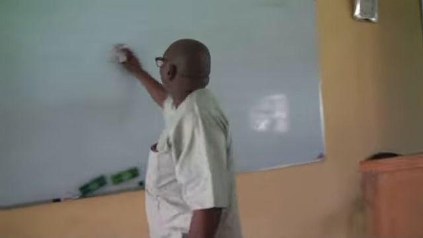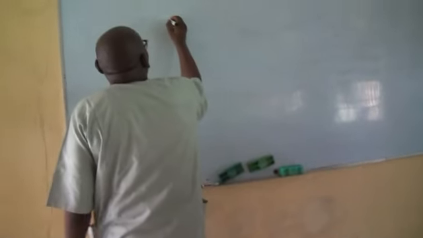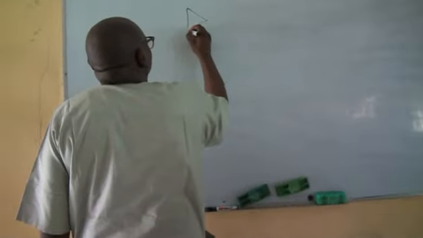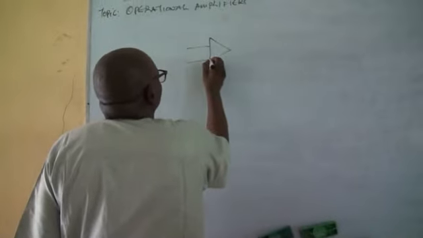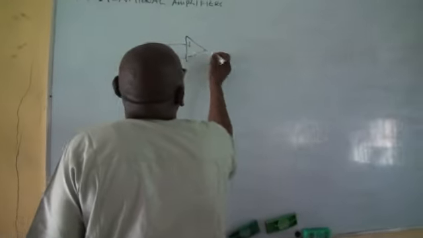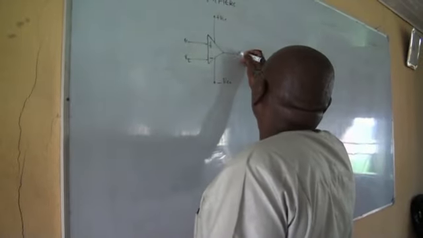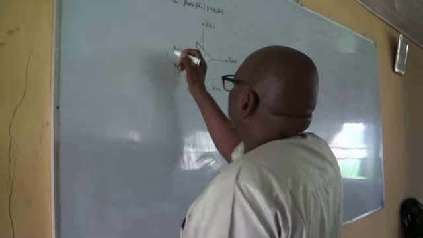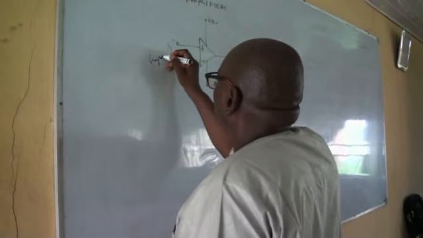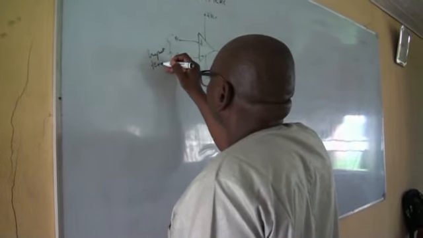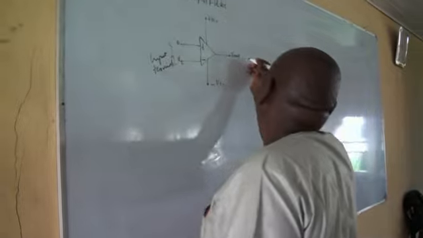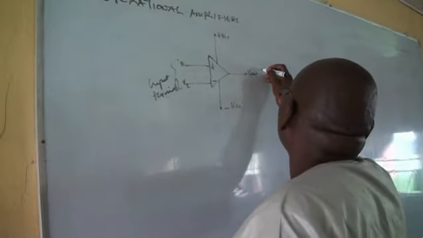So the symbol of an op-amp is like this. These are input terminals, right? And this is the output terminal.